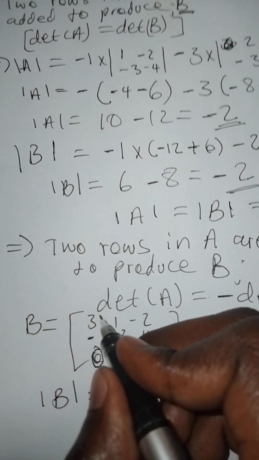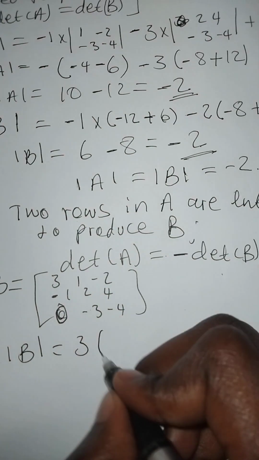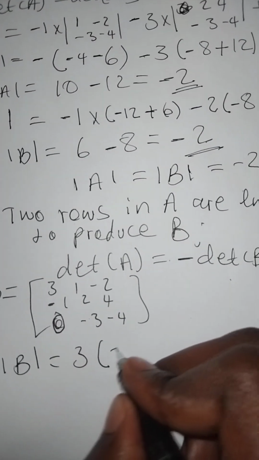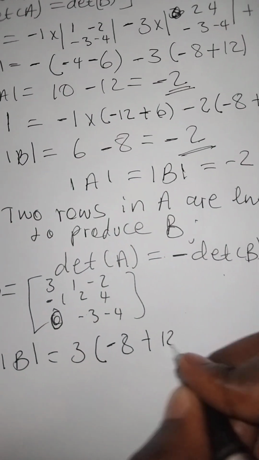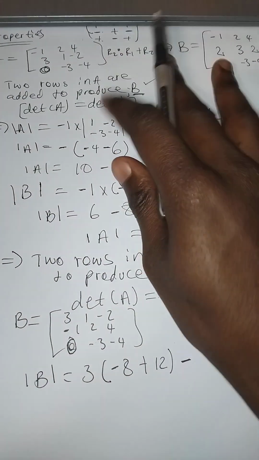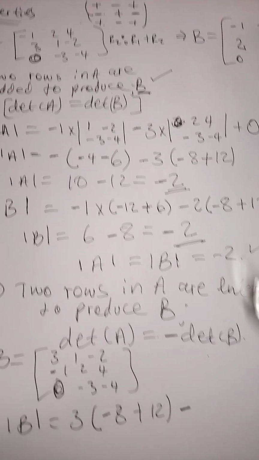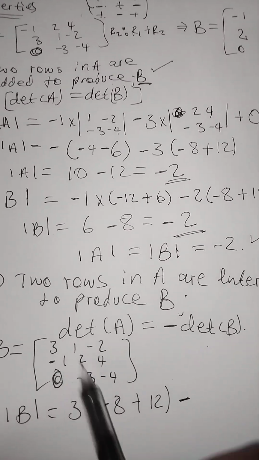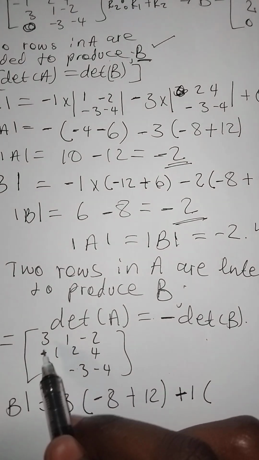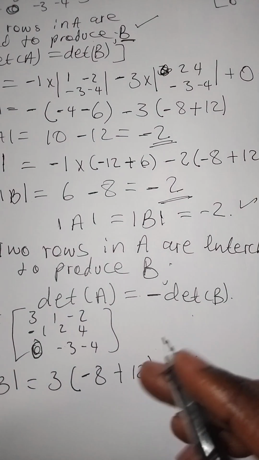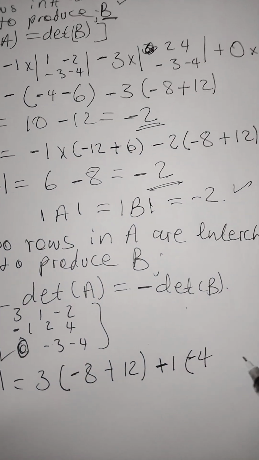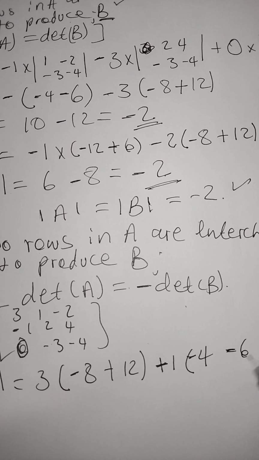Okay, so it's going to be 3 multiplied by, I cancel this and that, I remain with 2 multiplied by minus 4, that is minus 8, then plus 12. Then minus, accounting for the signs, it has to be negative. Then I have negative 1, that will be plus 1 into, I cancel this and that, get 1 by minus 4, then I get minus 6.